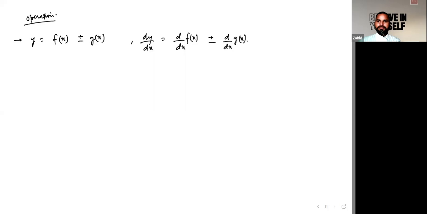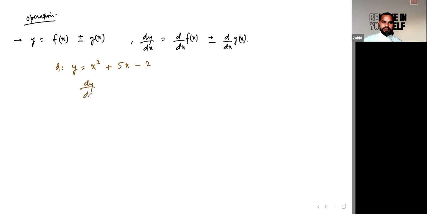I'm giving you one problem. Let's say y equals x square plus 5x minus 2. If you have to differentiate it, here we have three different expressions with plus or minus signs in between.